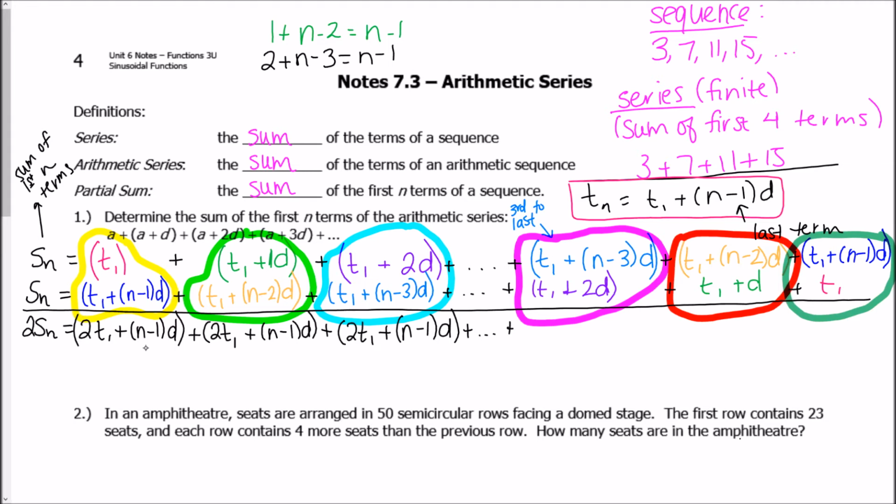If you notice, it's the same thing inside of here every single time, which is the reason why we started to do things backwards. So then over here, t sub 1 plus t sub 1 is 2 t sub 1, plus here I have n minus 3 sets of d, and then I'm adding 2 of them on, so I have n minus 1 sets of d. So still, same thing, n minus 1 times d.